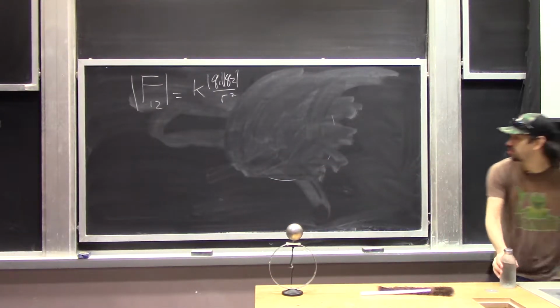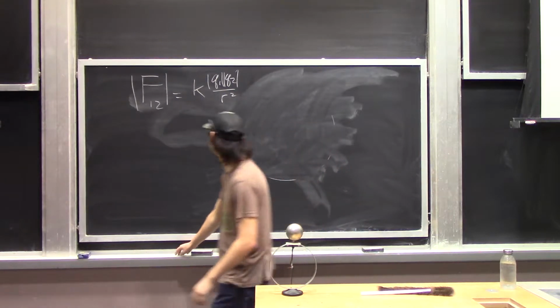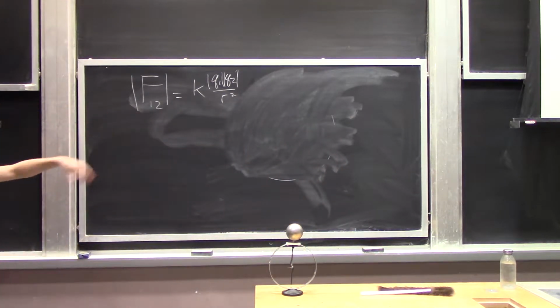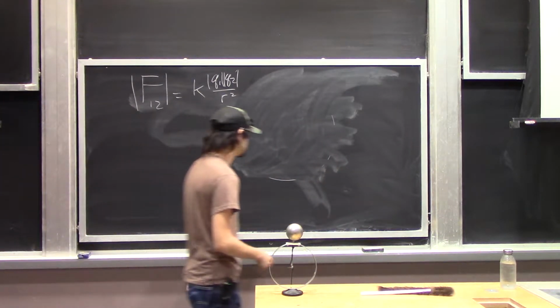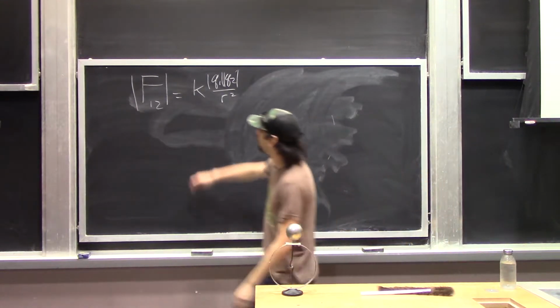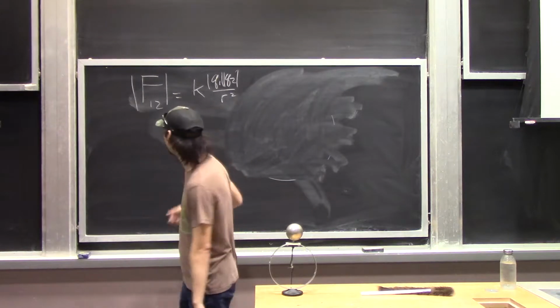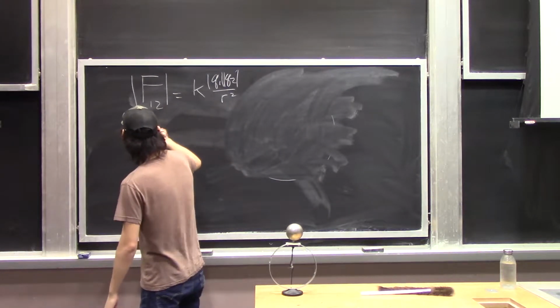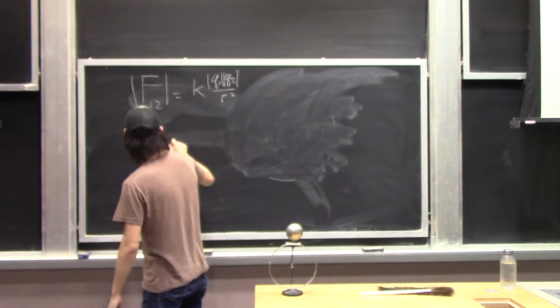So let's go ahead and talk about this one. I think most of you guys got it. We did this one once already, but it's a good reminder of how to use dimensional analysis. So we know that force has units of newtons, which is a kilogram meter per second squared.